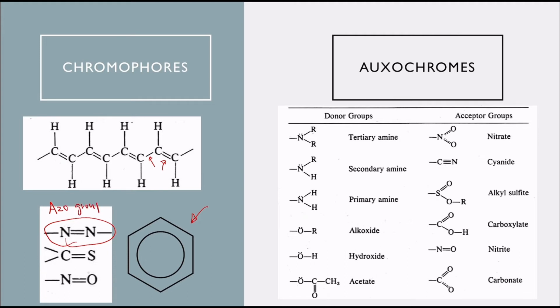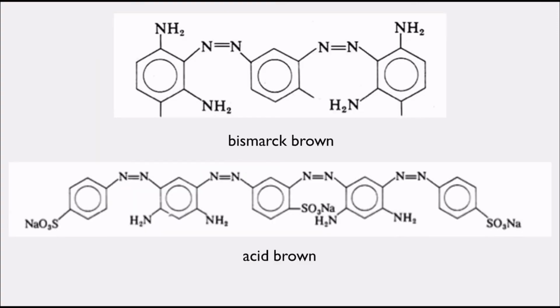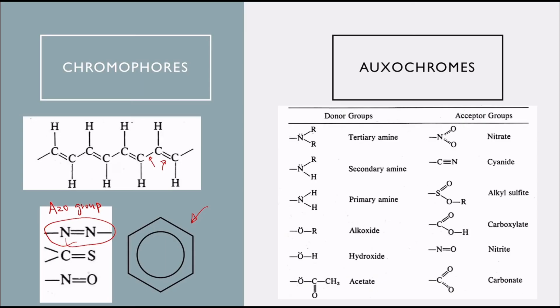These chromophore groups are usually conjugated systems themselves or located in a conjugated system. For example, this brown dye here has a conjugated system formed by benzene rings and azo groups, and this whole chunk is the chromophore. And apart from chromophores, we have oxochromes.